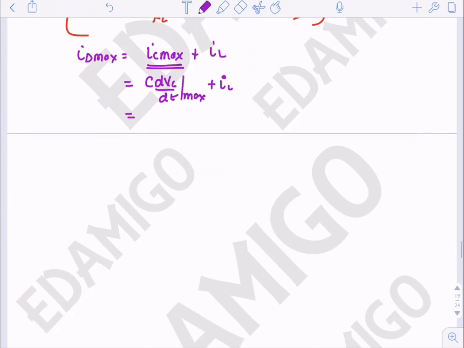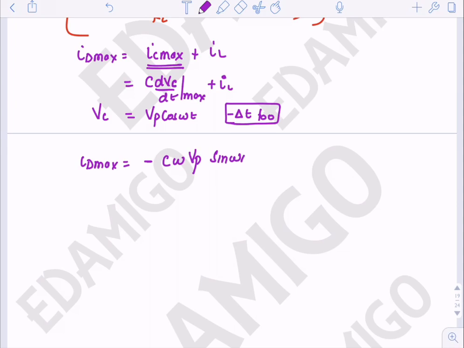So what is the voltage across the capacitance? The voltage across the capacitance is equal to the equation Vp cos omega t from time duration minus delta t to 0. Okay, so we will write ID max is equal to minus C omega Vp sin omega t plus IL.